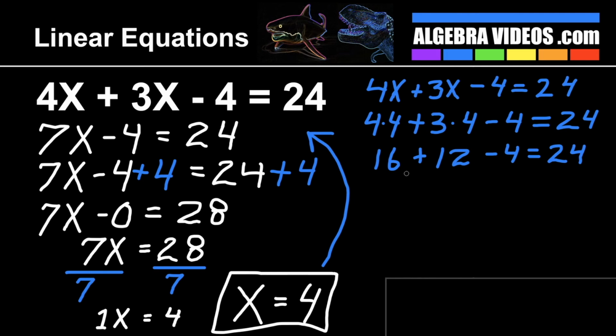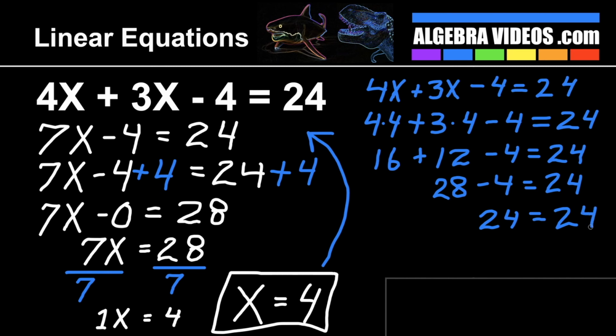And now let's simplify again. 16 plus 12 is 28. Then bringing down the minus 4 unchanged equals 24. And now we'll simplify again. 28 minus 4 is 24. So I'm going to write 24. And on the right side, we're just bringing down what has always been there, the 24.